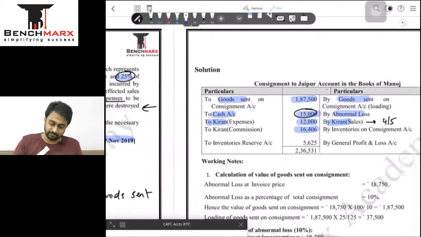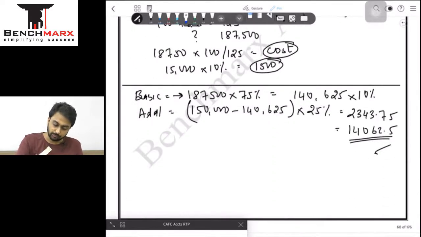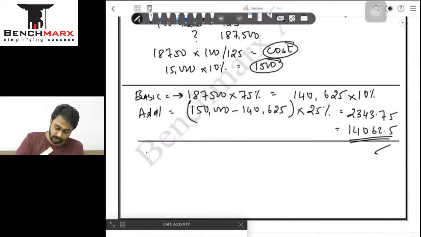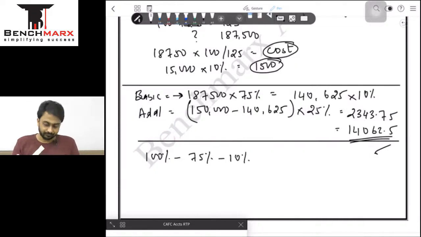Now what is the total proportion of the consignment stock? Simple: out of 100% of the goods sent, that is full goods sent, can I say 75% are sold and 10% are destroyed at the godown, which means 15% is the quantity of the closing stock remaining. So I will take 15% of the cost up to the point where the goods have reached the godown, and that is the valuation of my closing stock.